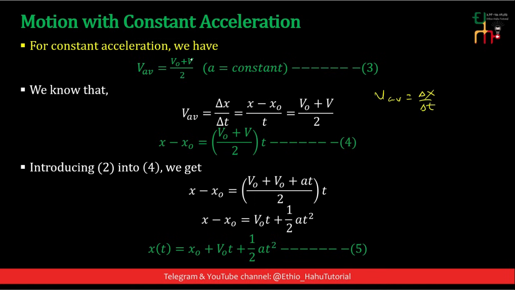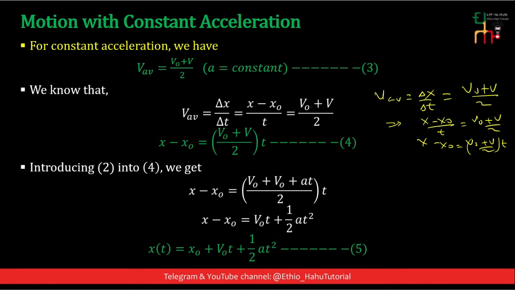But from this equation, this is equal to (v0 plus v) divided by 2. This implies (x minus x0) divided by t, because t0 is 0, is equal to (v0 plus v) over 2. If we multiply both sides by t, x minus x0 is equal to (v0 plus v) over 2 times t. This is our fourth equation.